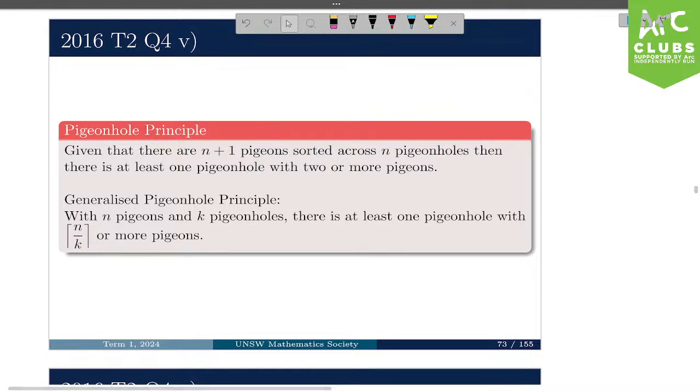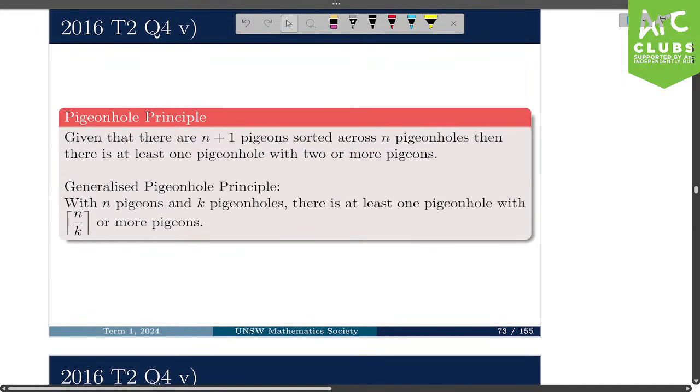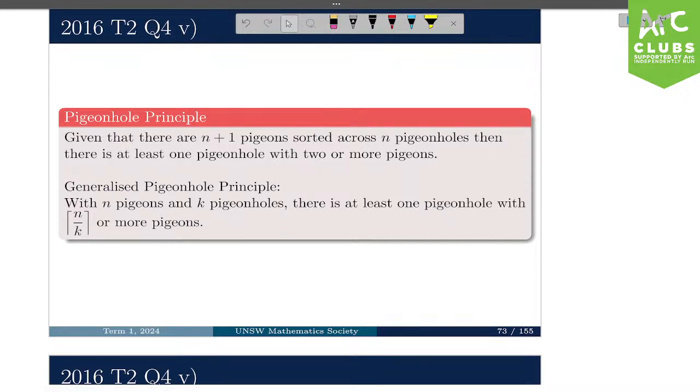The pigeonhole principle is that given n plus one pigeons across n pigeonholes, then at least one of the pigeonholes has two or more pigeons. This is pretty obvious and very easy to understand. But there's the generalized pigeonhole principle, where you have n pigeons and k pigeonholes. There's at least one pigeonhole with ceiling of n on k or more pigeons. The ceiling function picks the smallest integer that's greater than or equal to the value.